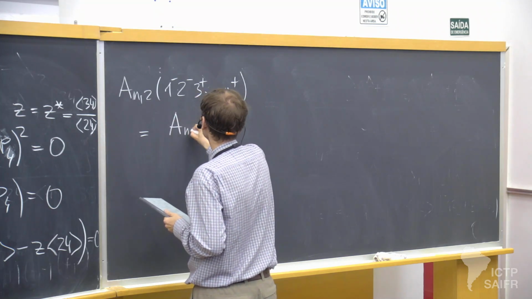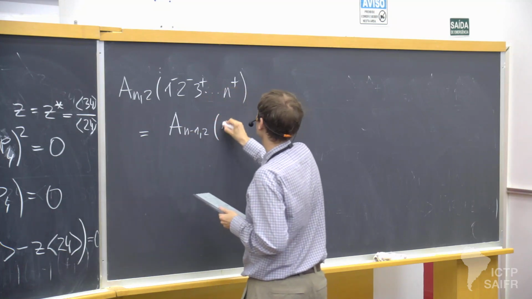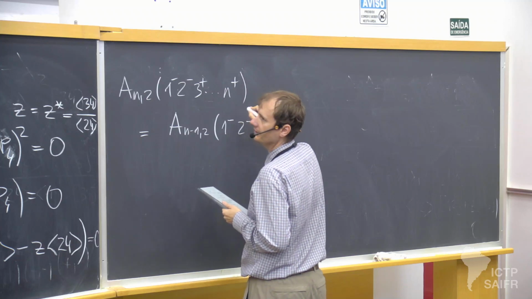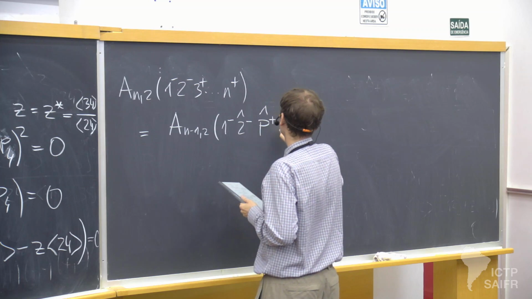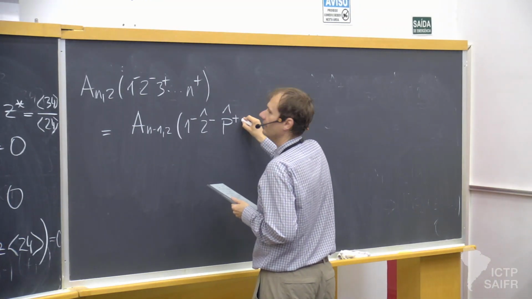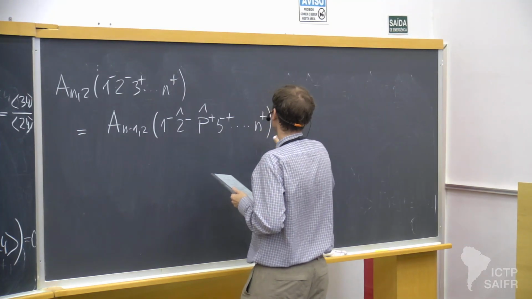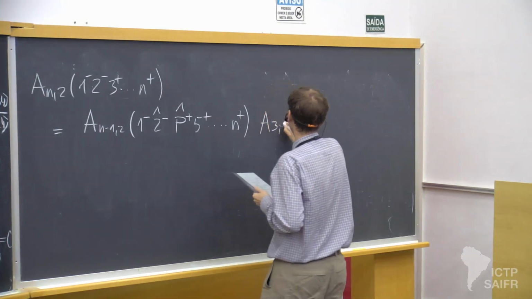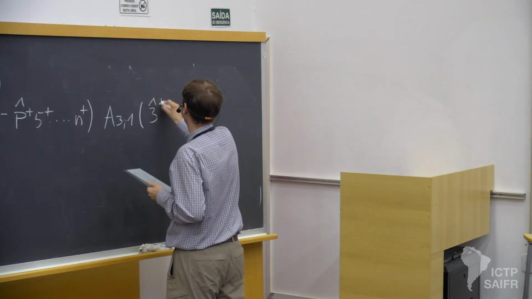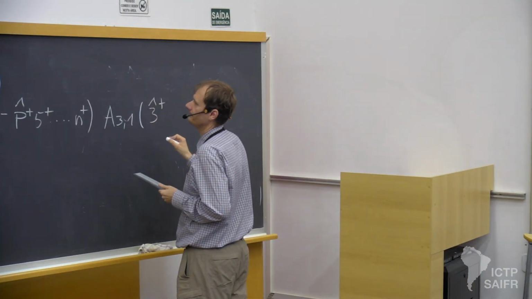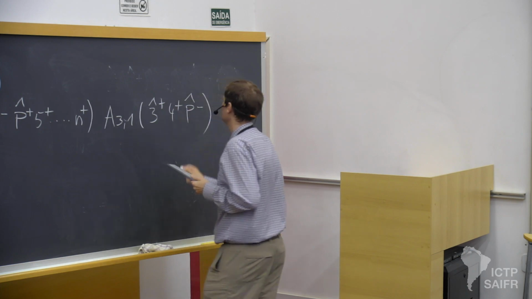So it's an n-1 point MHV amplitude for 1 minus, 2 minus, P hat plus, and then we have 5 plus up to n plus, and the MHV bar amplitude A3 with 3 shifted, 3 plus, 4 plus, P minus shifted.